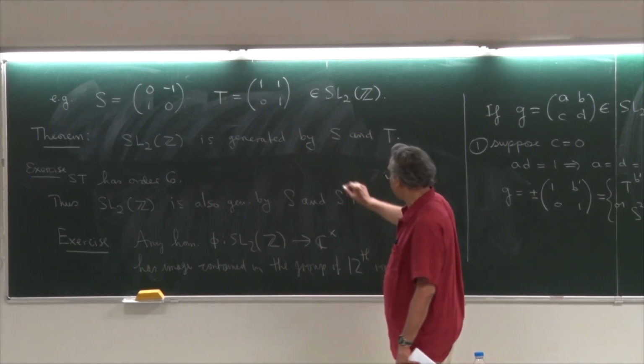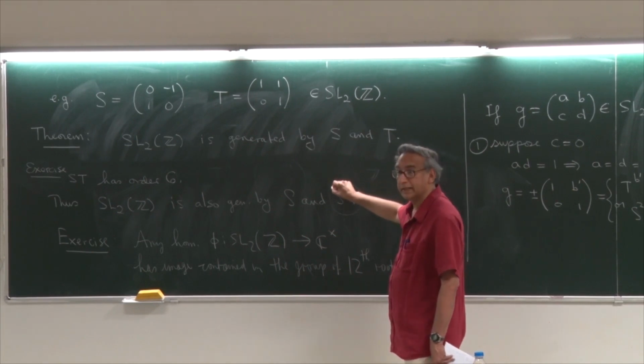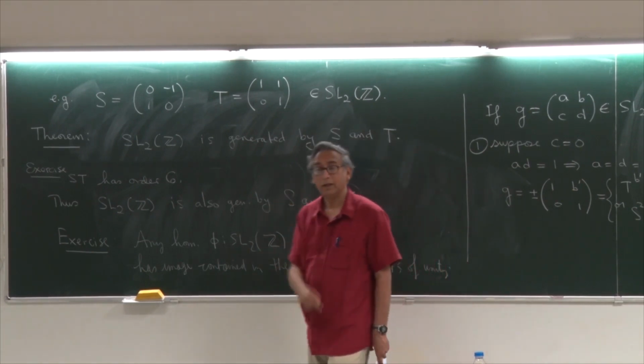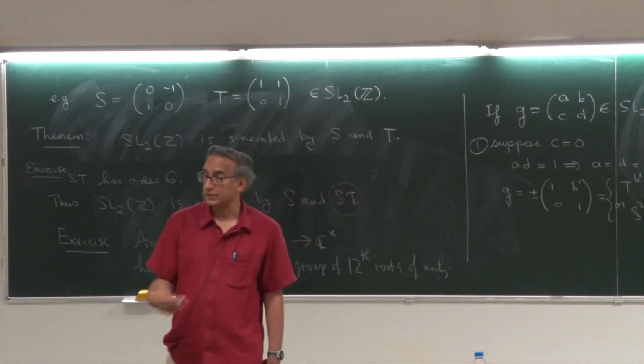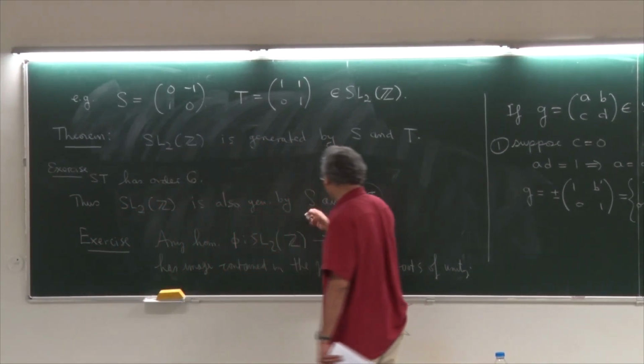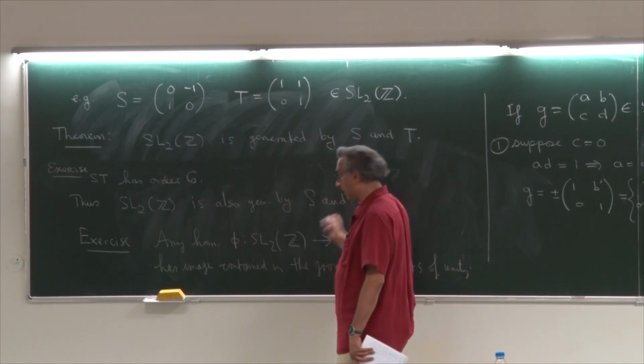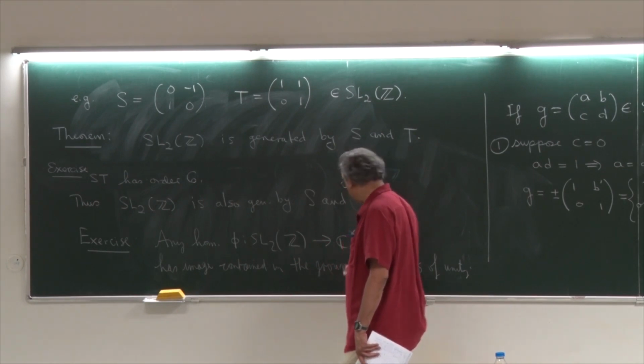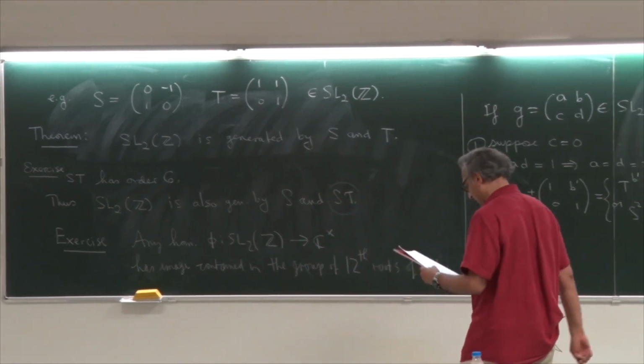That's because ST has order 6, S has order 4. The LCM of 4 and 6 is 12. And because this is a commutative group, any word in these two elements will have to end up in the group of 12th roots of unity. Okay, so that's pretty clear. That's how that's done.